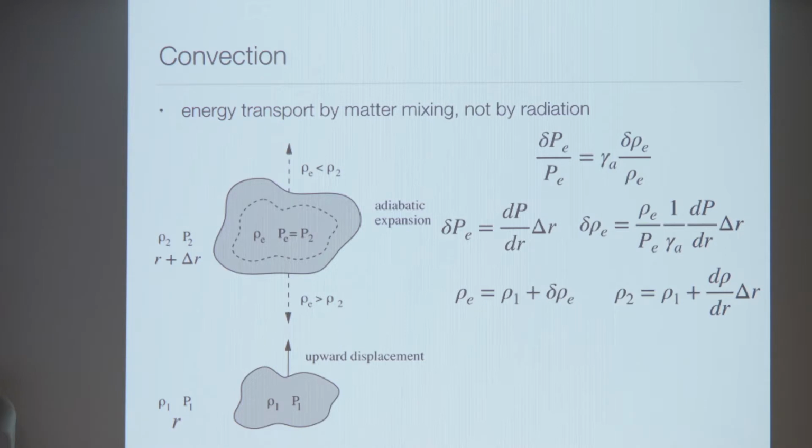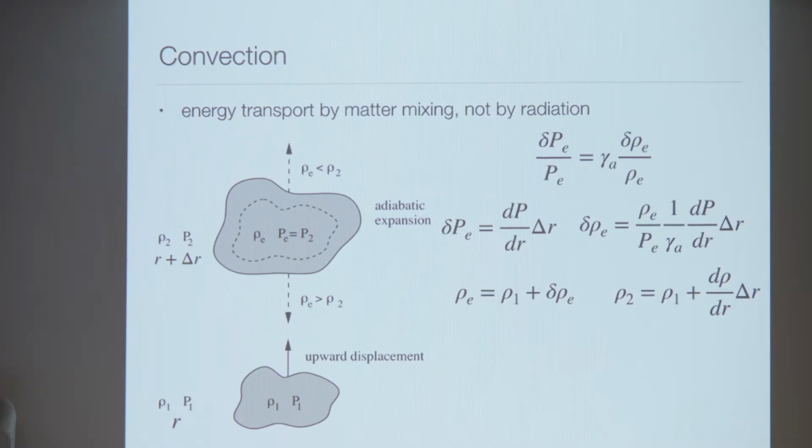That means this system is stable, because if something goes up, it will just come down and settle here. But if the new density here is lower than the surrounding density, then this material keeps going up, because you can imagine the buoyancy. This is unstable, and this thing just keeps going up.